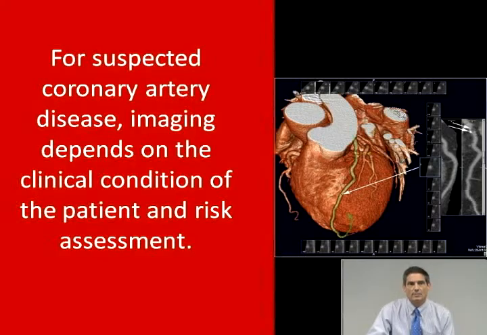And you're going to try to figure out 3 things with those patients. Is a cardiac event or infarction presently occurring? Is the patient's chest pain secondary to coronary artery narrowing? And how likely is the patient to have a cardiac event in the future? And your imaging will depend on which of those 3 issues you're trying to tackle.